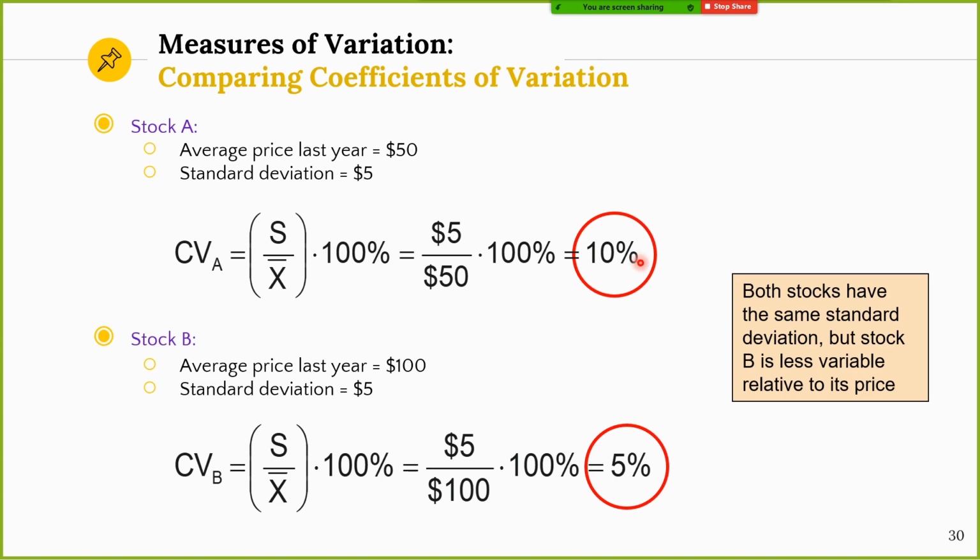Okay, so you can see the difference in stock B. The average price is quite different, it is 100. The standard deviation is 5, and you have a coefficient of variation of 5%.